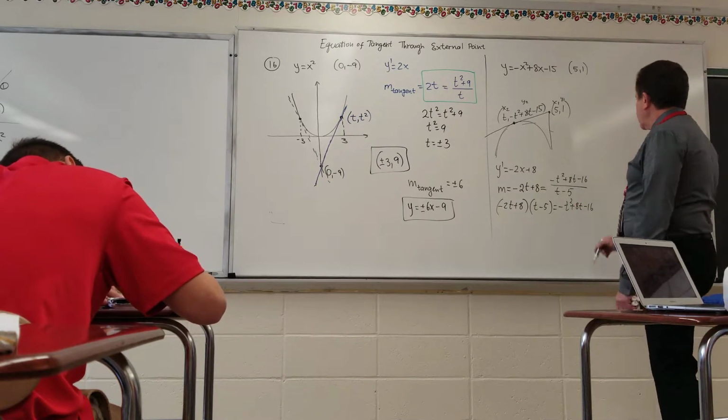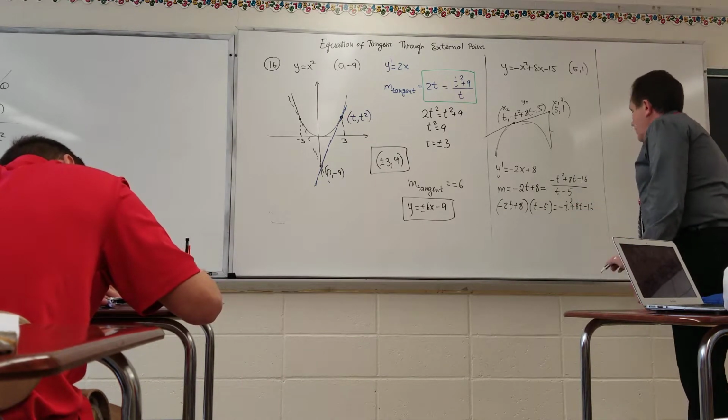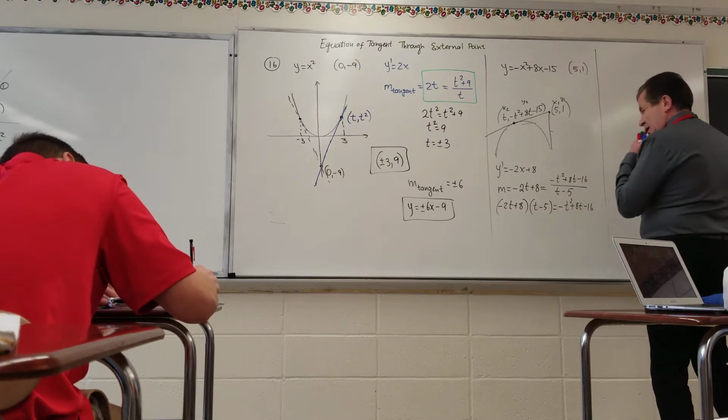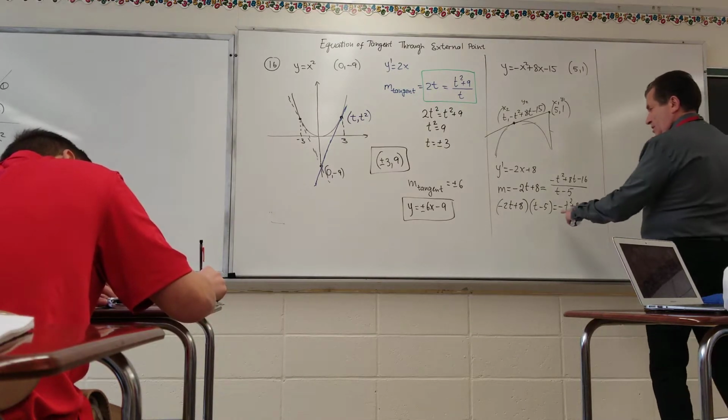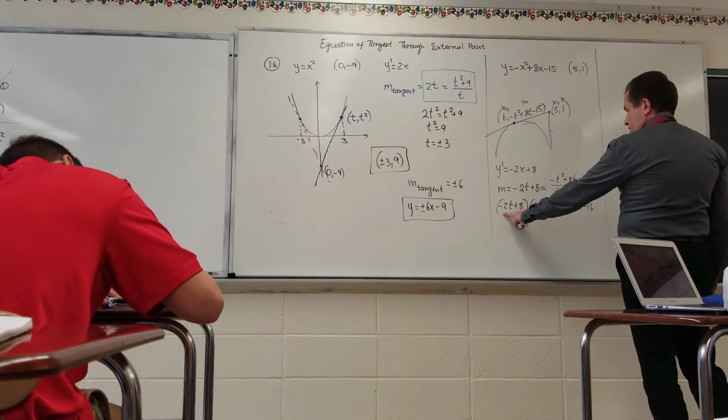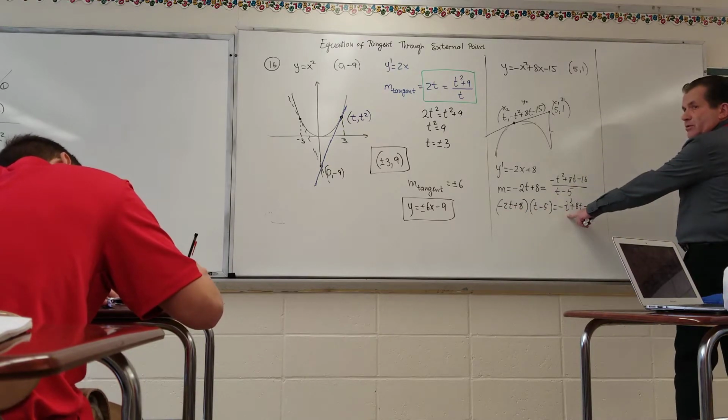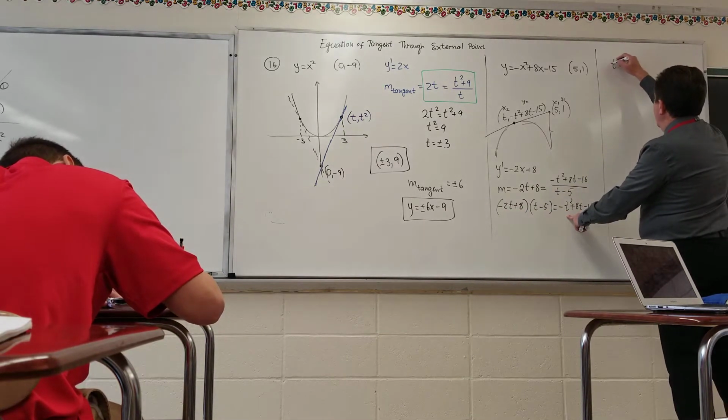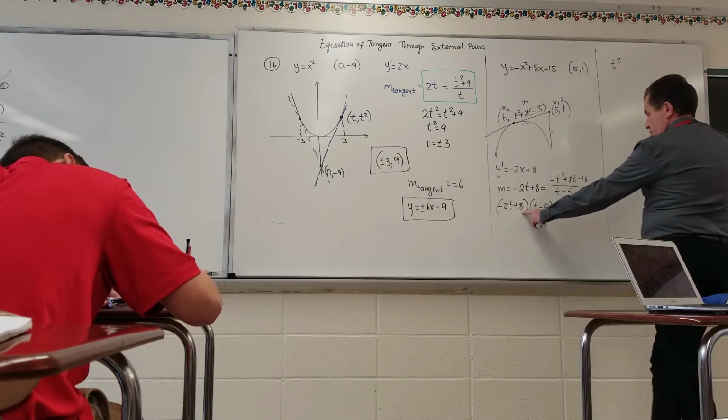So let's try to simplify it right away because I don't want to spend half the class. Here is negative 2t squared, I'm going to add it to the other side, it's going to be just t squared. Then how many t's do we have here?